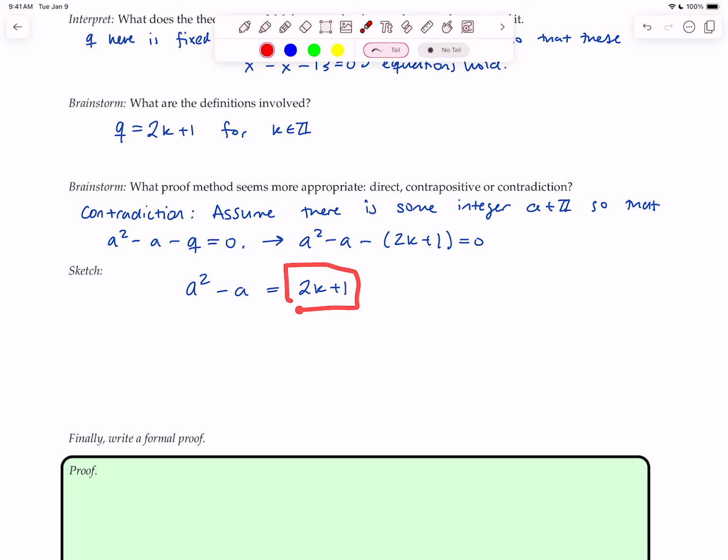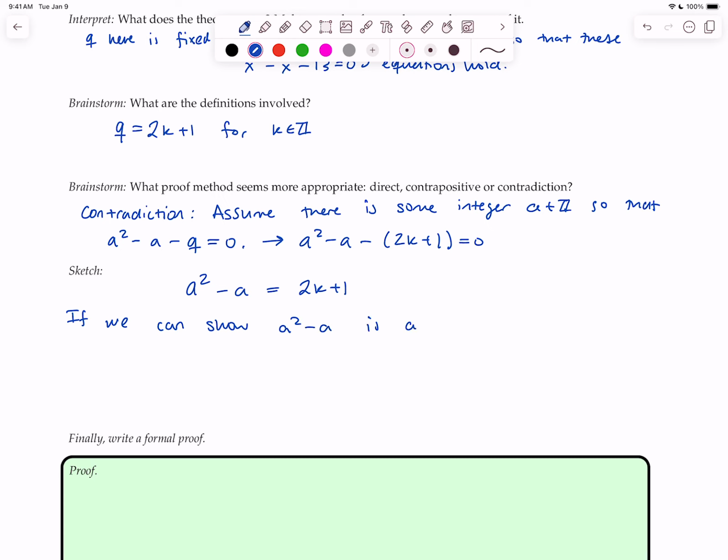We have an odd on one side, so if we can show that a squared minus a is always even, we have our contradiction. And that this is for any integer. Why would that be true? Why is this always even?